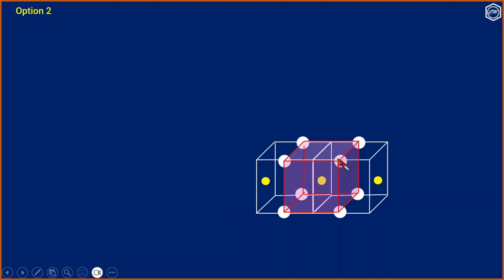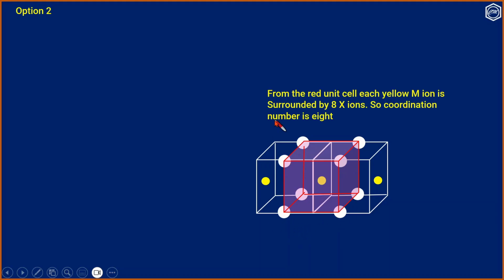So this red unit cell, that also is a unit cell. Now in the red unit cell, the M atom is at the center and it is surrounded by 8 X atoms. So therefore the coordination number of M must be 8, or the M ion is surrounded by 8 X ions. So the coordination number of M is 8.